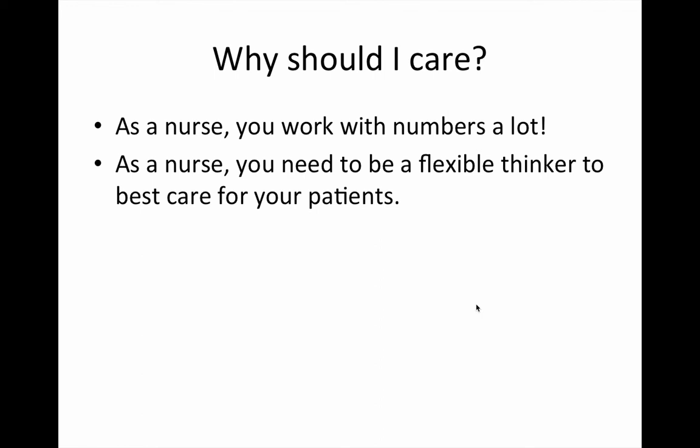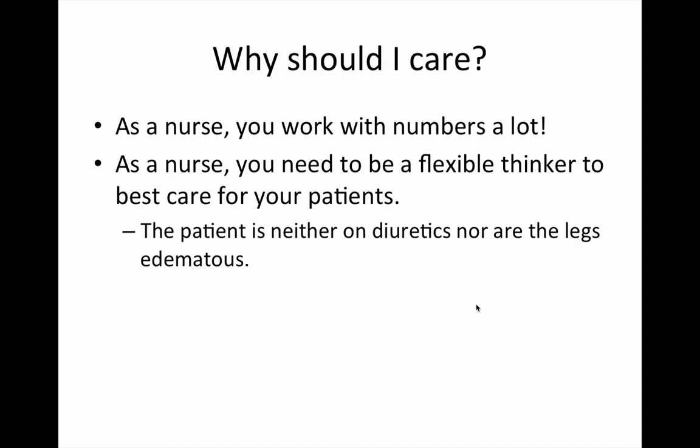So remember earlier I said that when you're ready to multiply or divide, you work left to right, beginning with whichever operator comes first. Similarly, suppose you say something like this: the patient is neither on diuretics nor are the legs edematous. In terms of a synonymous way of asserting the sentence, you could replace diuretics and edematous with synonymous terms that are more familiar.